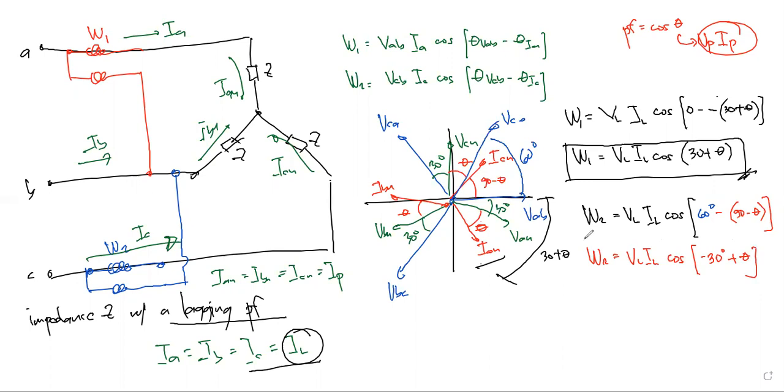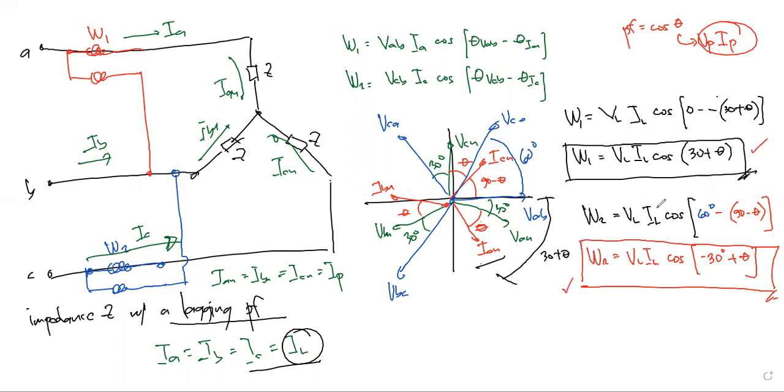So we then say that for a balanced load, as I've said, we have two wattmeters. The indication of wattmeter 1 of a balanced load is VL IL cosine of 30 plus theta. And the indication of wattmeter 2 is given as VL IL cosine of negative 30 plus theta.